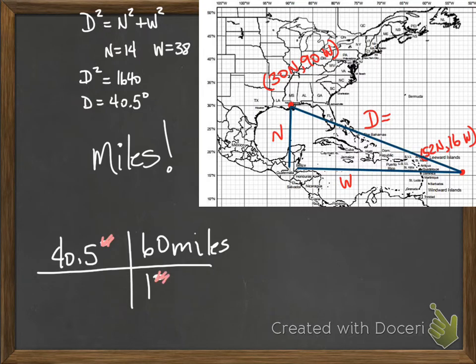So all you do is whatever distance you get, you multiply it by 60. So we have 40.5 times 60. And if we multiply that 40.5 times 60, that gives us 3,137.3 miles. So now we've taken it from degrees to miles. So this is kind of a handy conversion factor. So we know 1 degree equals 60 miles.